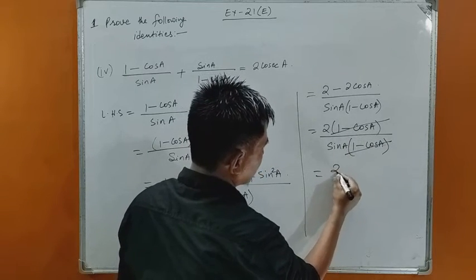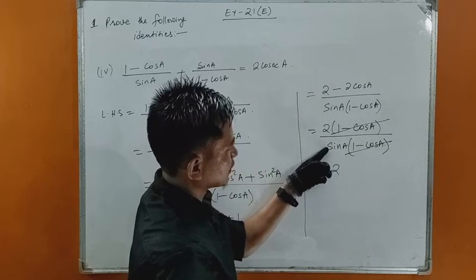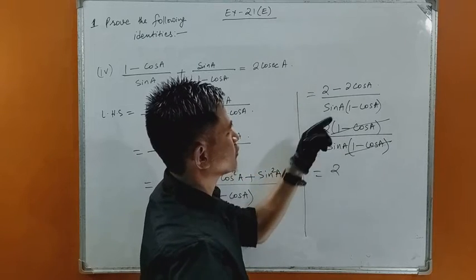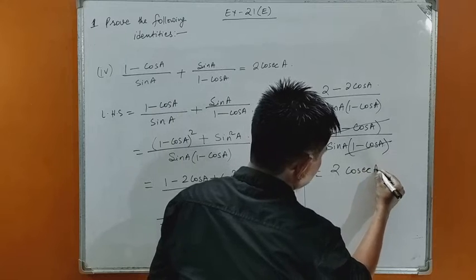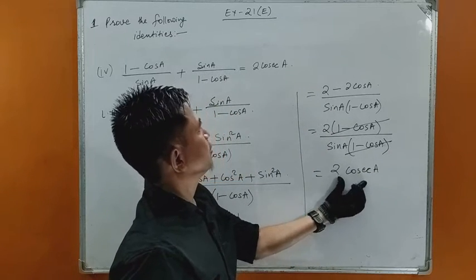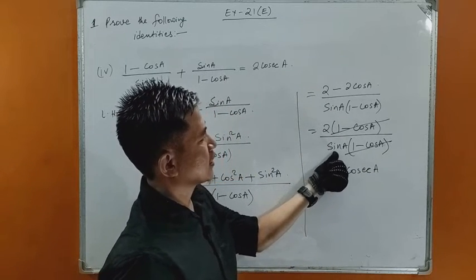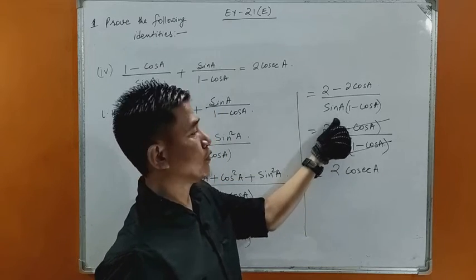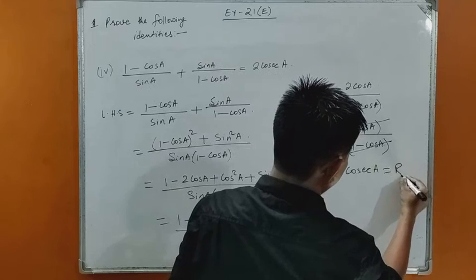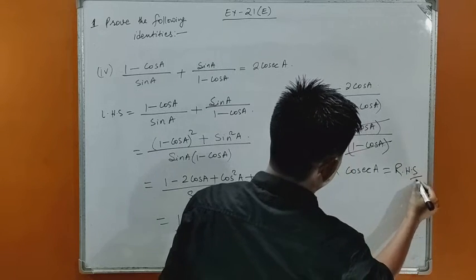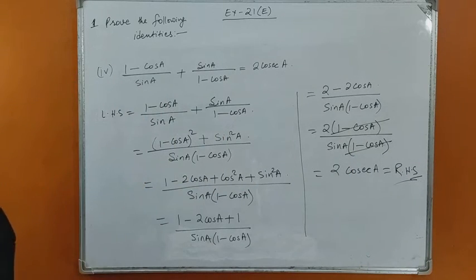So we have 2 upon sin A, isn't it? This sin A, if you take to the numerator, becomes cosec A, because cosec and sine are the reciprocal of each other. So this is what we have in the right hand side, isn't it? So RHS, hence proved.